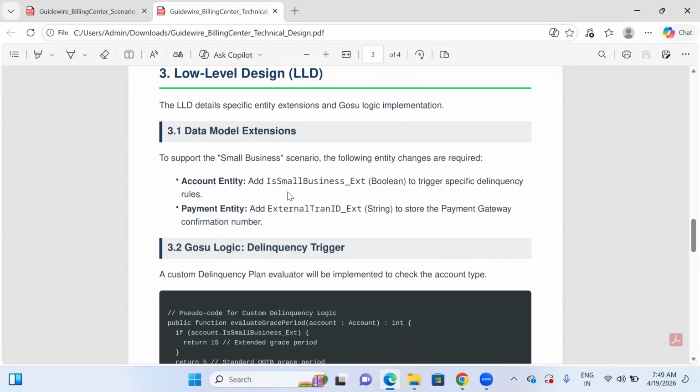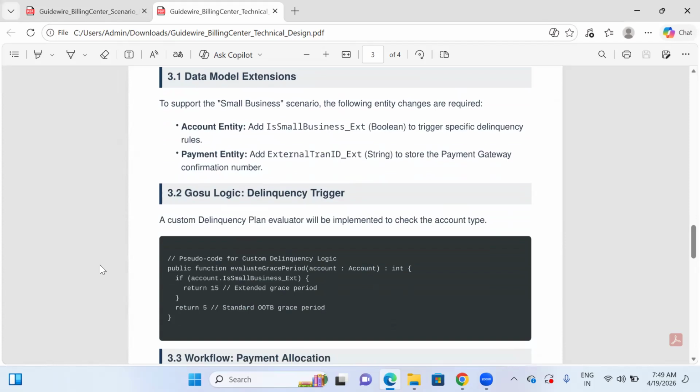But we have to trigger this for the specific delinquency rules for the Account entity, right? Next is the Payment entity, where we add an external transaction ID number extension to store any payment gateway confirmation number, etc. So these are the two major data model extensions we are adding here.